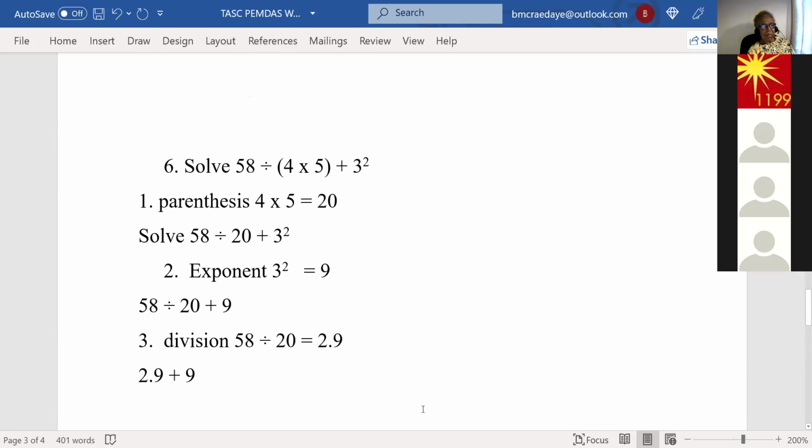And the answer, we did the parenthesis, 4 times 5, 20. We did the exponent, 3 to the second, 3 times 3 is 9. Then we did the division, 58 divided by 20, 2.9. And then we added that 2.9 to the 9, which we got when we did the exponent.